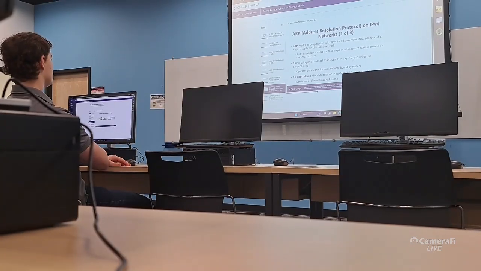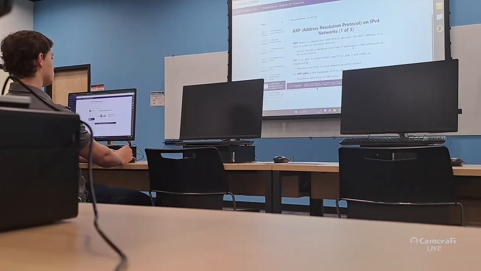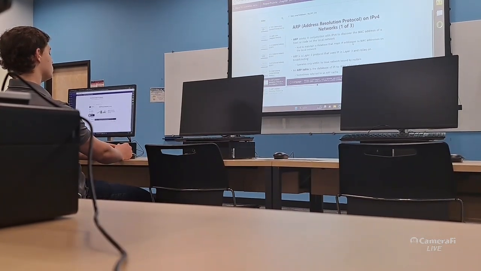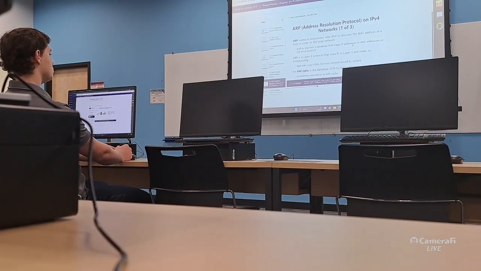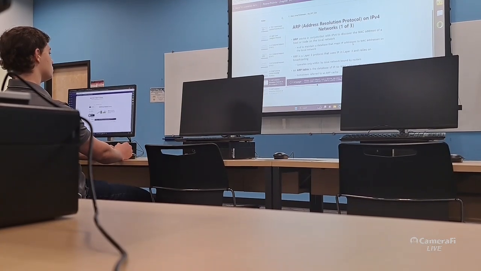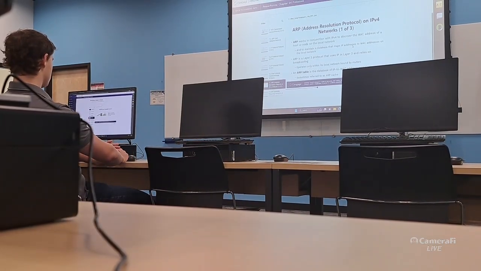There may be a possibility that one computer has two MAC addresses because two network interface cards are in one computer. This is one NIC, this is another NIC. They will both have different MAC addresses and different IP addresses, but the physical computer is one. One application is using NIC1, another application is using NIC2.